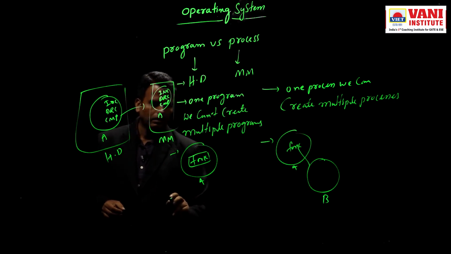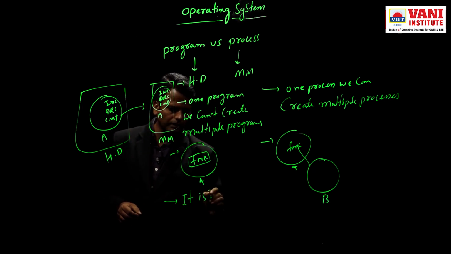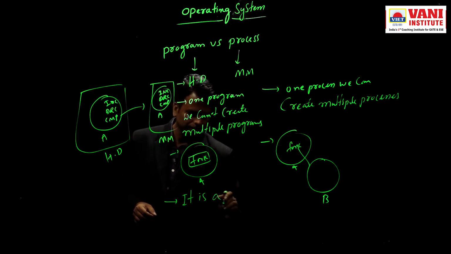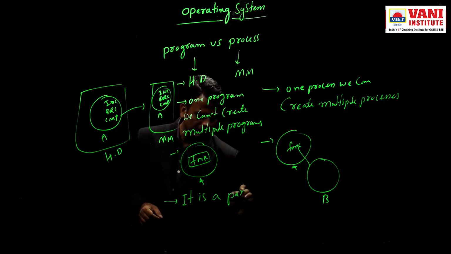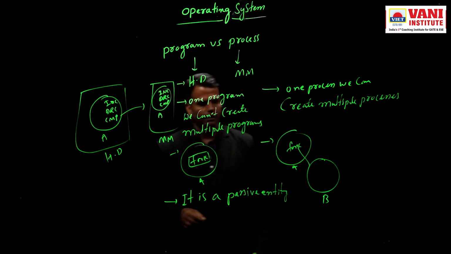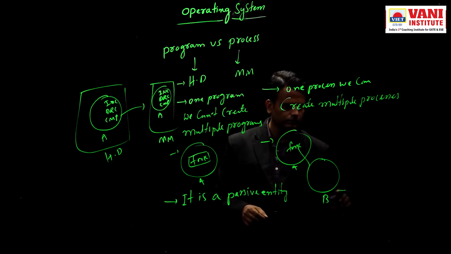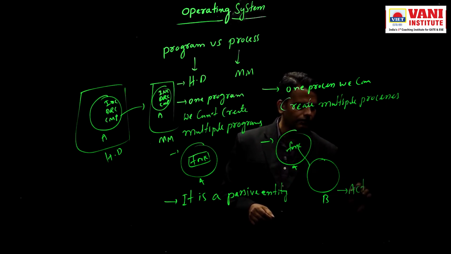Okay. Next one, a program is a passive entity. And a process, I am writing here, is an active entity.